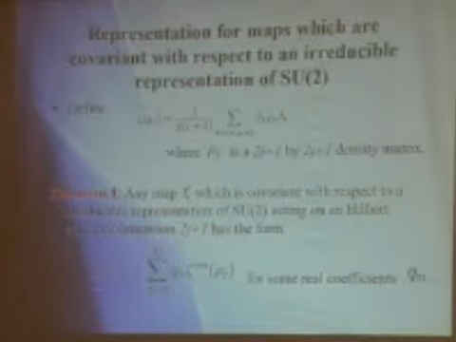You see the degree of the polynomial here is 2j. There are actually 2j plus 1 independent parameters. Okay, so the coefficients q_n must all be real. What I mean by zeta circle n is just the composition of n times the map zeta.